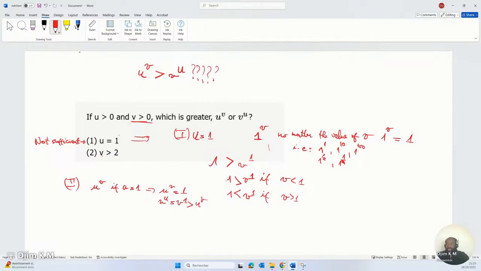But what if u is 1.5? We will get 1.5, so u to the power v.